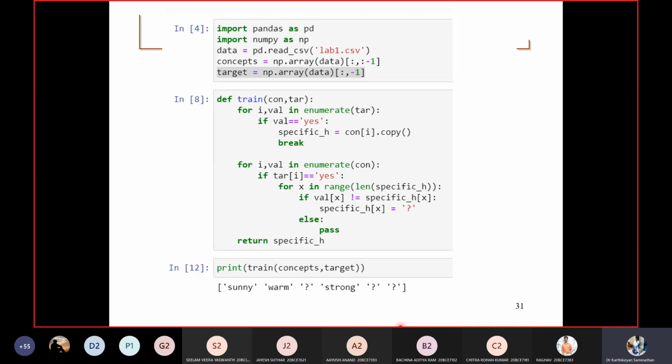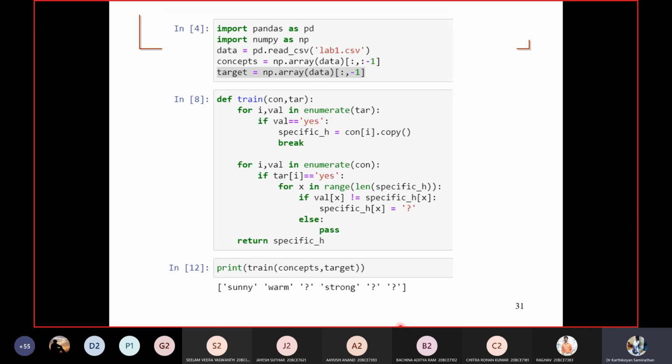In the same lab, whatever we are learning in the theory class, we will try to implement in the ML lab. I don't want to deviate from the theory concepts. The first lab is the Find-S algorithm, and the second lab is the candidate elimination algorithm, so that you will learn about the data sets and how prediction happens through the algorithms, right?